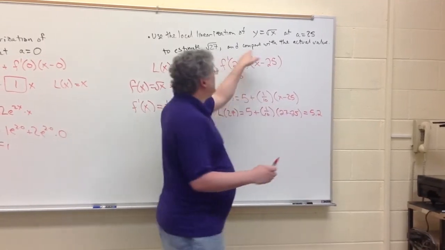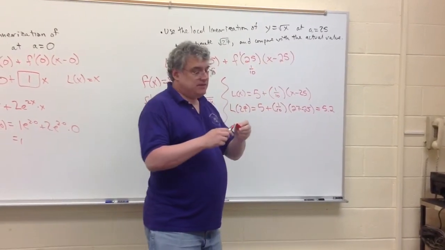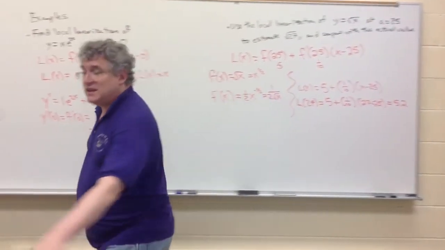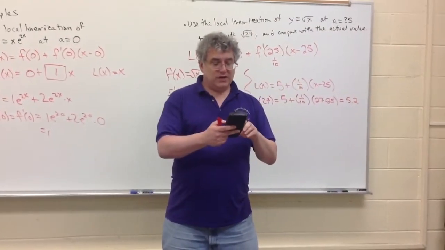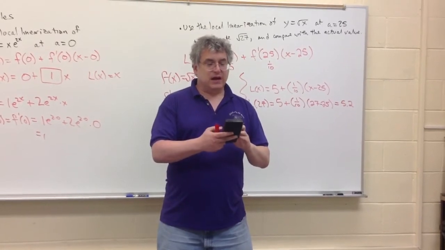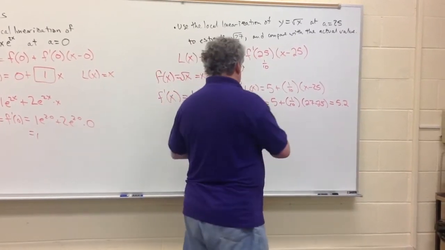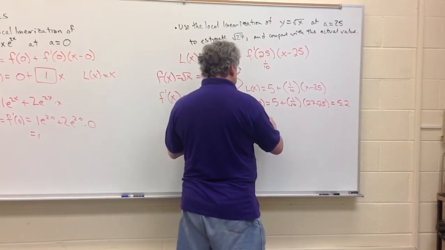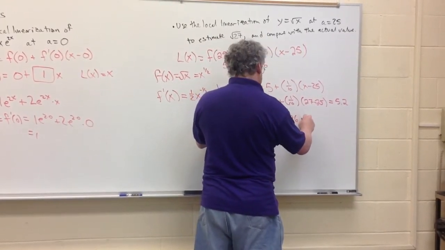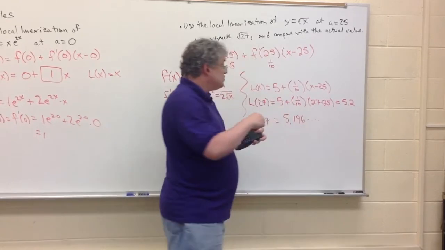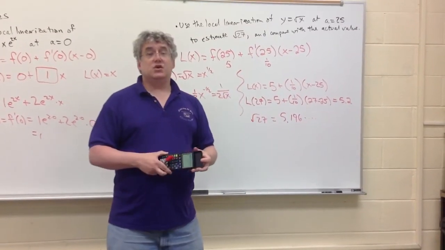I'm supposed to now compare that with the actual value. The actual value, your calculator has a slightly better formula than a linearization. So what is the square root of 27? I get 5.196, and there's more digits. Notice it's really close.